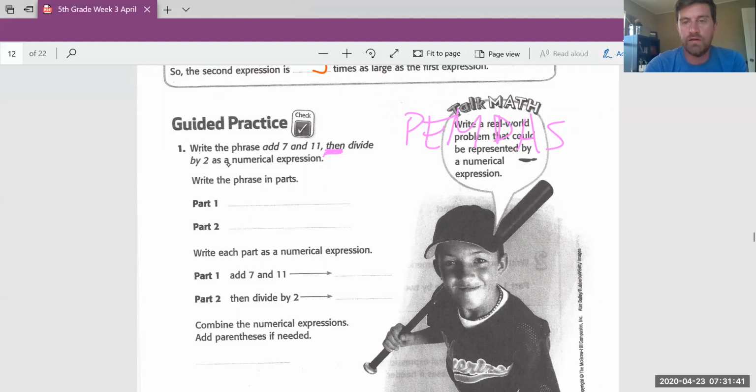Then divide. But the problem is divide is in the PEMDAS routine before. So we're going to need these parentheses to help add first. So the first one should be 7 plus 11. I would even do this here with the parentheses there. Then part 2 would be to divide by 2.